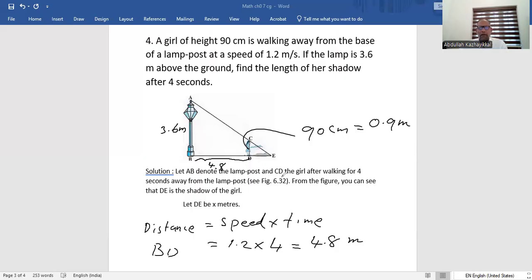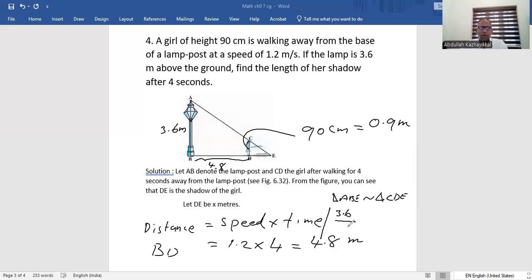So here I am writing: right triangle ABE is similar to right triangle CDE, correct? So we can find out the solution now.